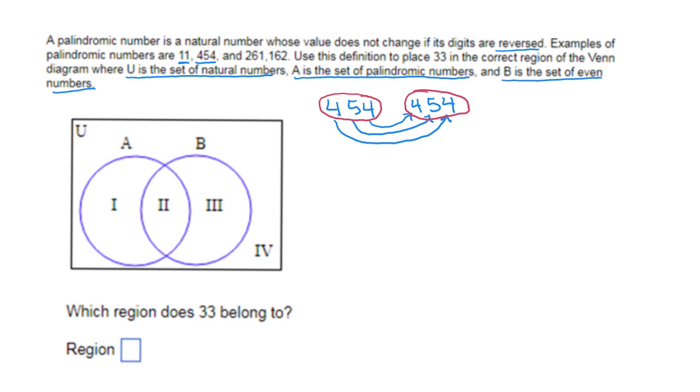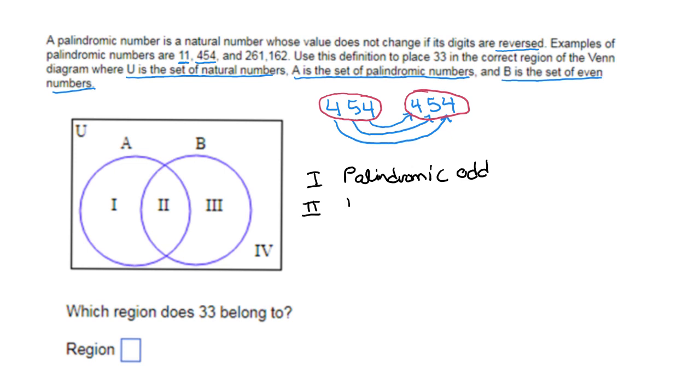So I'm going to take each one of these regions and just give you kind of the definition for that. So region 1 would be that it's falling in set A, so it's palindromic. And since region 2 and 3 are the even numbers, then this must be the odd number, palindromic and odd number.